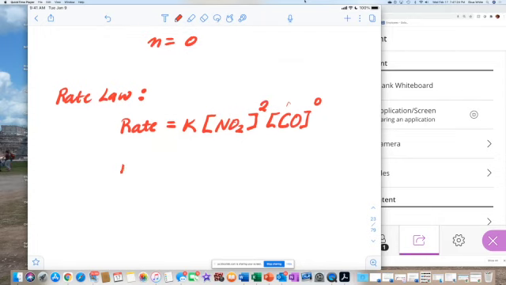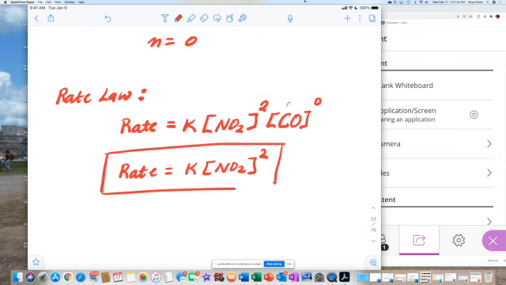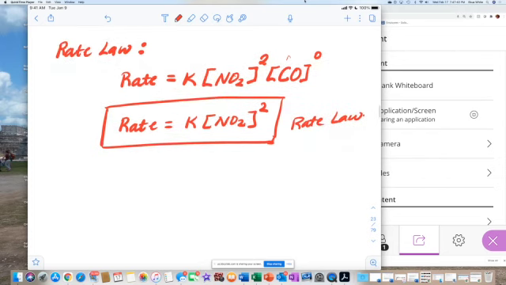So the rate law is really rate equal K [NO2]^2. This is the answer. This is our rate law. Okay? Okay, what does this mean? You need to know the implications of this.